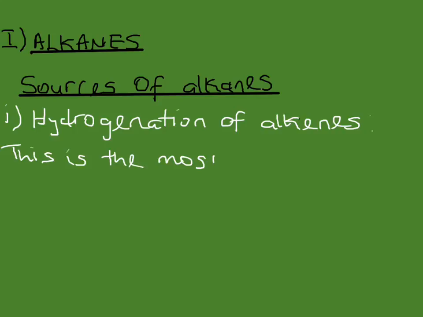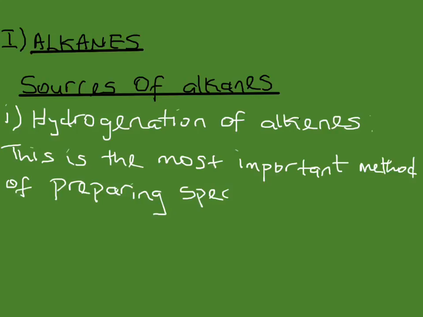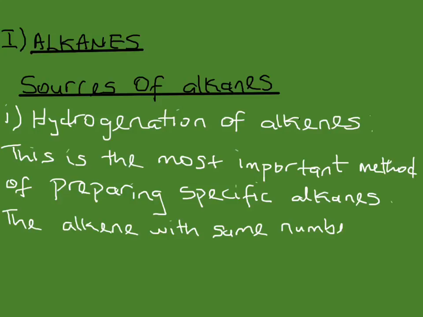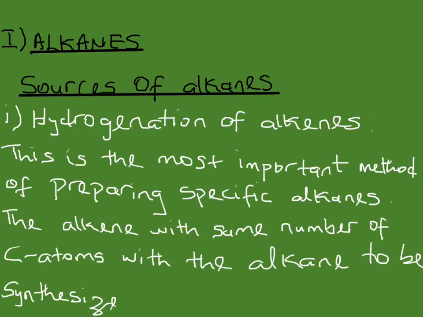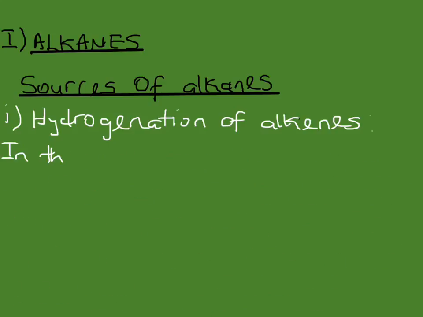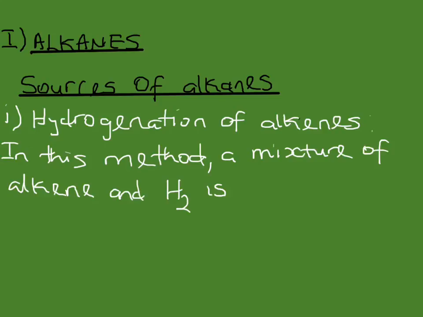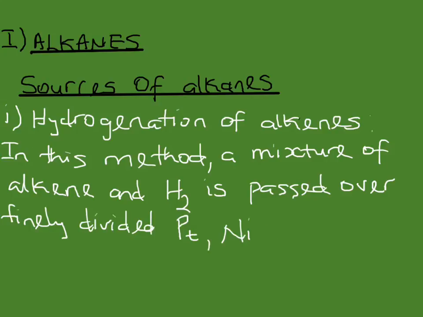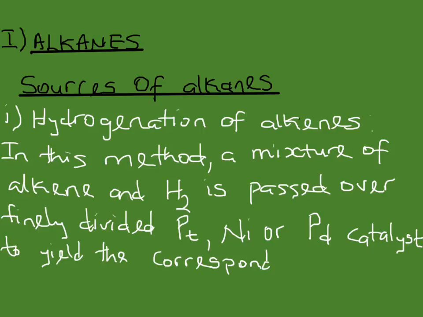Let's see now. Hydrogenation of alkenes is the most important method of preparing specific alkanes. The alkene with the same number of carbon atoms as the alkane to be synthesized is hydrogenated. In this method, a mixture of alkene and hydrogen is passed over finely divided platinum, nickel, or palladium catalyst to yield the corresponding alkane.